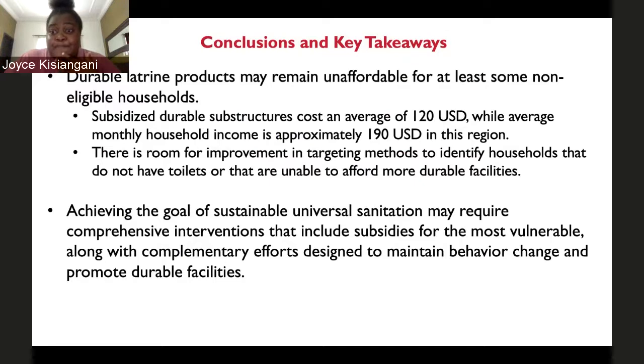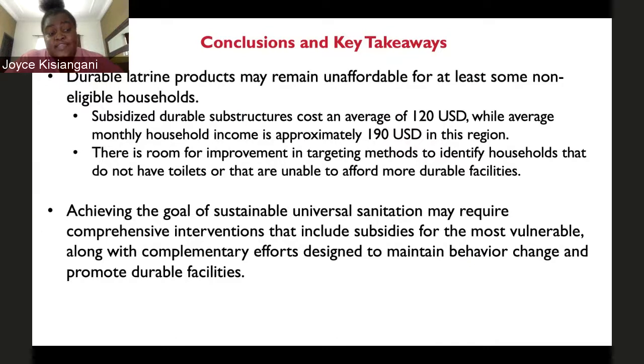And in terms of timelines, remember the program used an output-based payment system whereby the artisan was not paid the full amount until the superstructure was complete, until the toilet was complete.